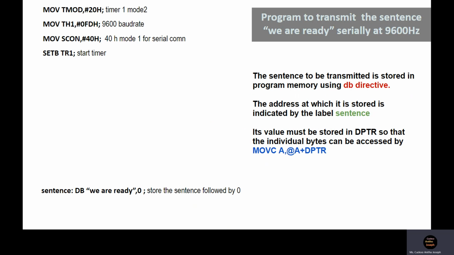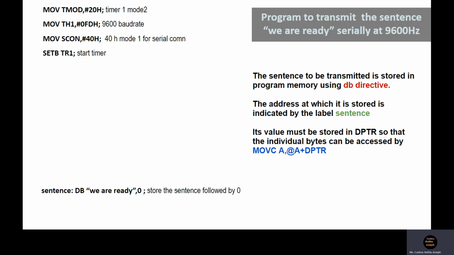Since this is a long sentence, if we follow the pattern that we followed earlier, our program is going to be very lengthy. We have to transmit data byte by byte. So when a long sentence has to be transmitted, if we just copy that byte into the accumulator, then into SBUF, and follow that pattern, our program is going to be lengthy.